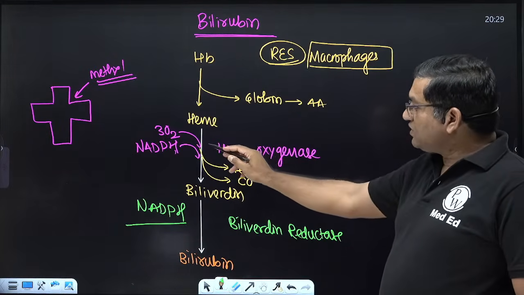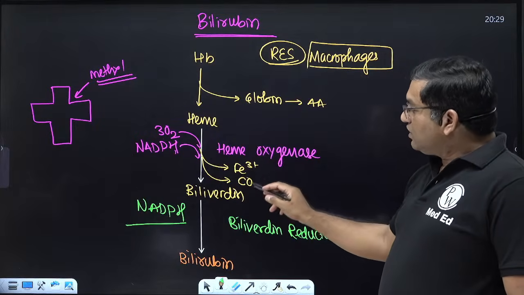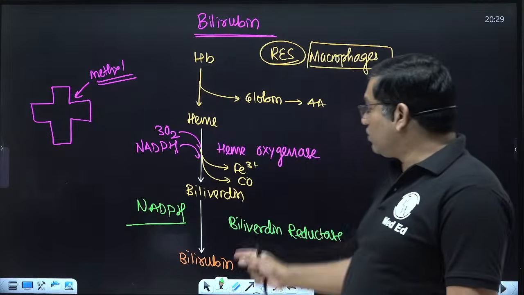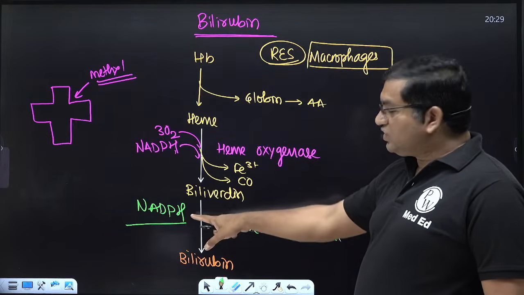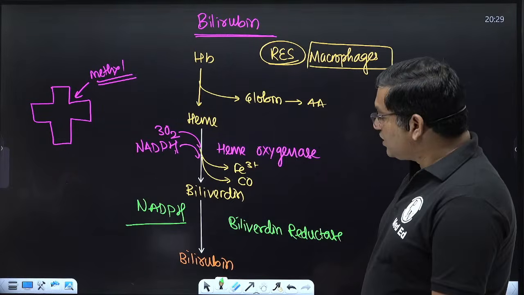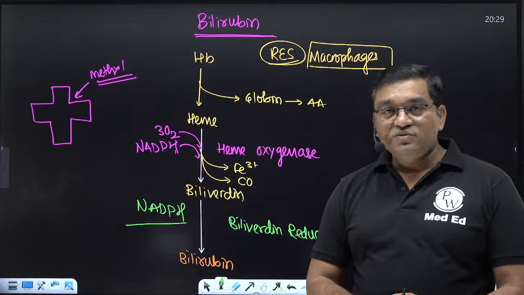The iron is released in the ferric state, and this is the only reaction where endogenous carbon monoxide production occurs. So CO release occurs. Biliverdin, by the NADPH dependent biliverdin reductase, is converted into the yellow colored compound, that is bilirubin.